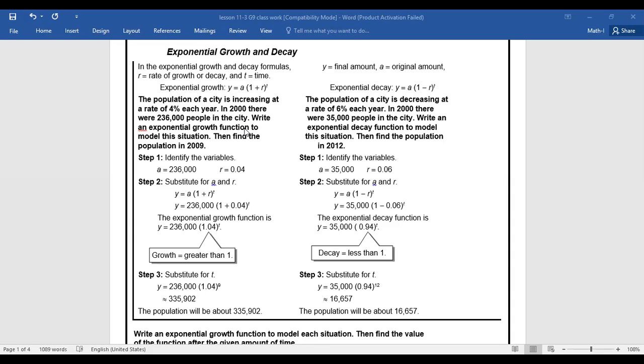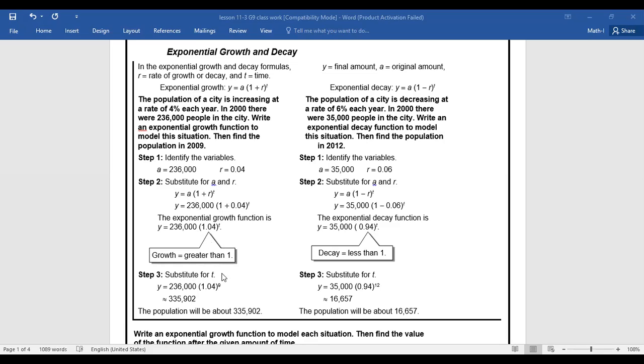So this is the first part of your answer. We will first substitute into the formula y equals a times 1 plus r all to the power of t. Then y equals 236,000 times 1 plus 0.04 to the power of t. We simplify 1 plus 0.04, and this now becomes 1.04, and this represents growth because it's greater than 1.